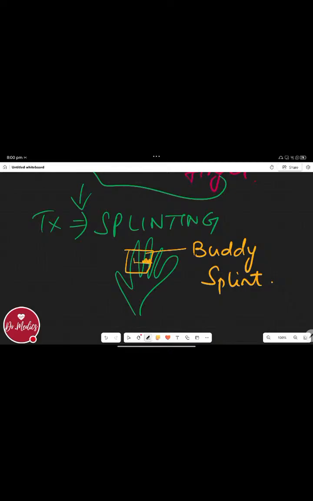Joining these two with a band-aid immobilizes the fracture. This is also known as the buddy splint.